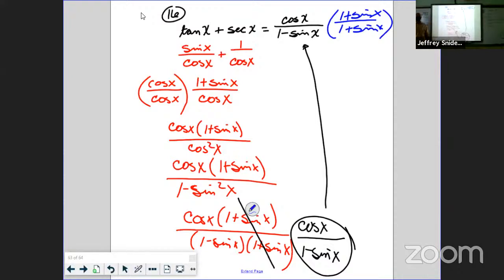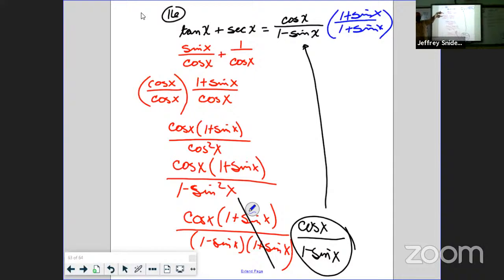Yeah. So I did what you did on the left side, but I skipped all the squaring stuff. I went from sine x plus 1 over cosine x to cosine x over 1 minus sine x. Wait, I'm sorry. So you did that. What did you multiply by?